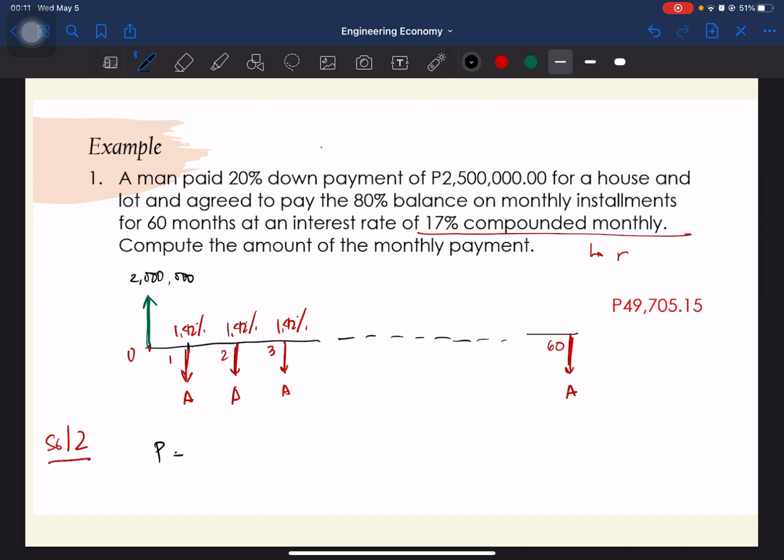Sabi natin, present worth is equal to A times 1 minus 1 plus R over M raised to negative Mn, sorry. Don't forget that negative sign, over R over M. Where R is yung nominal interest rate mo, which is yung 0.17. And yung M mo is, in this case, 12 because you have 12 compounding periods in a year. So, monthly kasi yung payment.